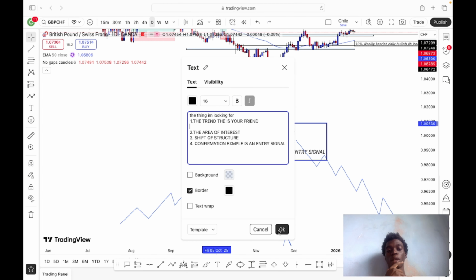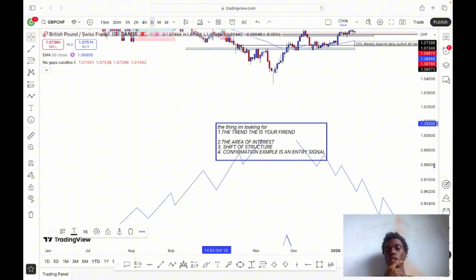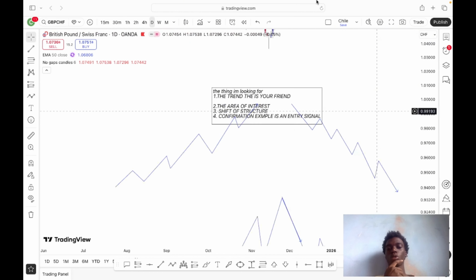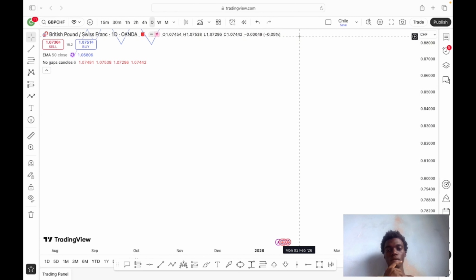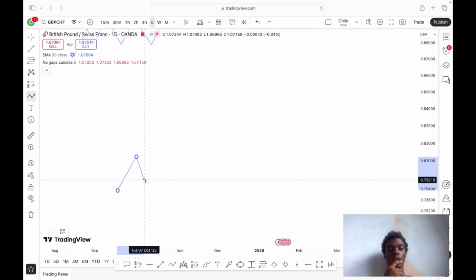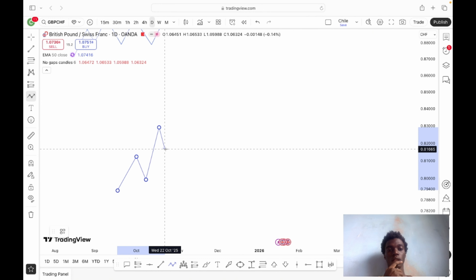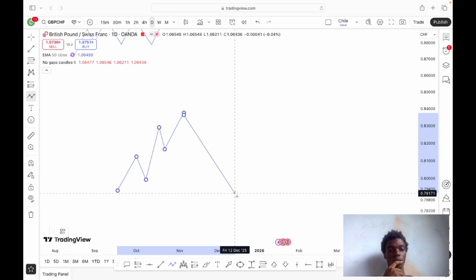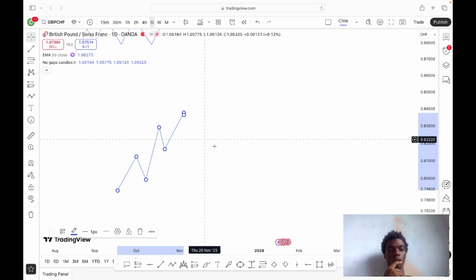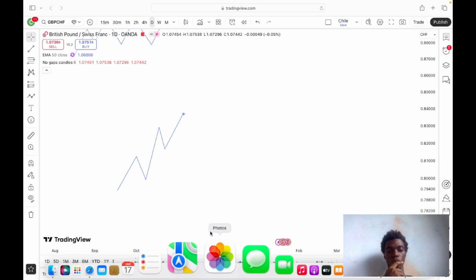So what I mean by three time frames which are in sync is, I'll be checking the weekly.